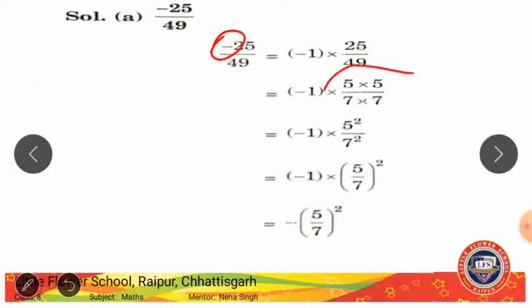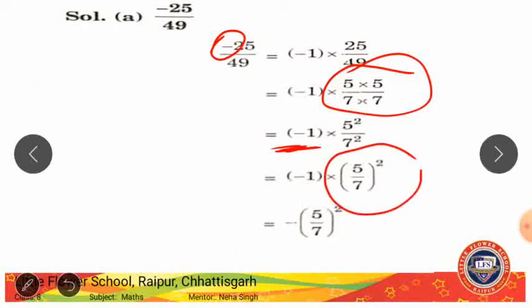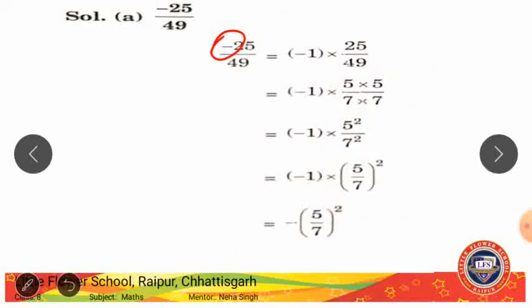So we can directly write this. 5 into 5 means 5 power 2, 7 into 7 means 7 power 2, 7 square and 5 square. This minus sign will be as it is. And now it will be 5 by 7 whole square. So our answer is minus 5 upon 7 whole square.